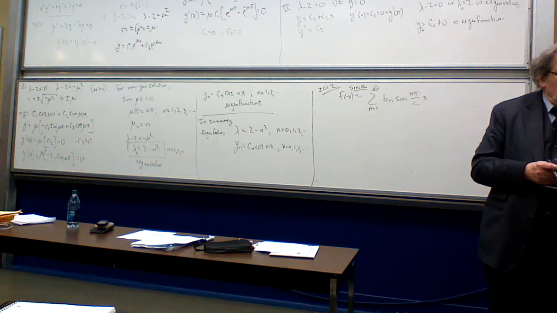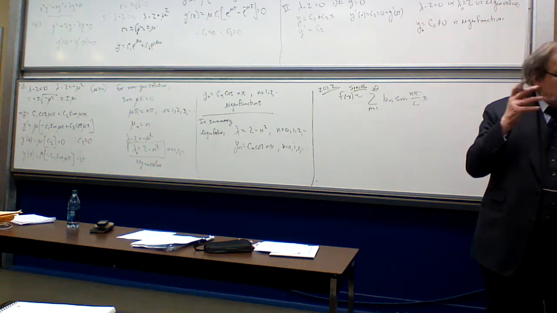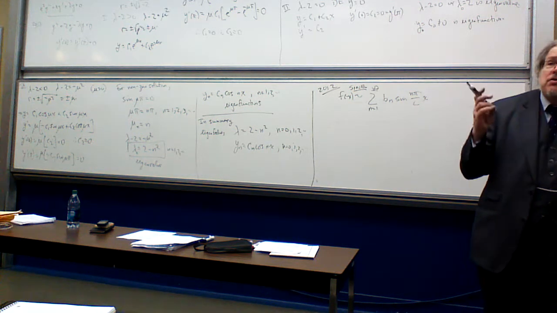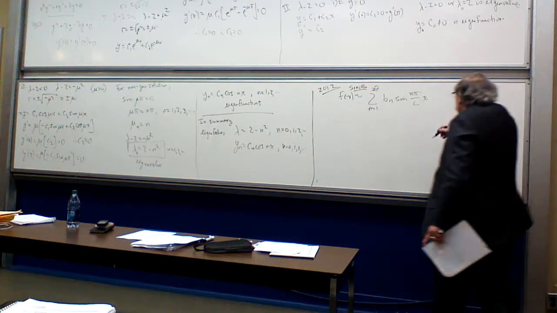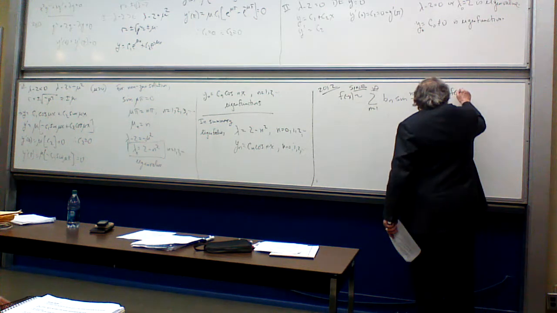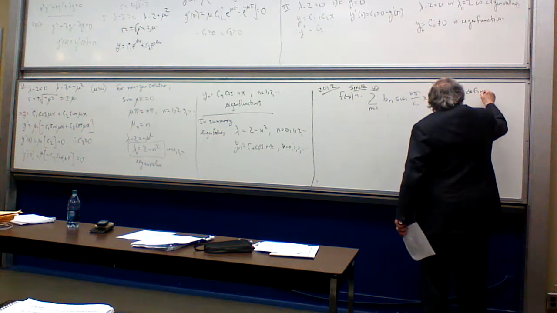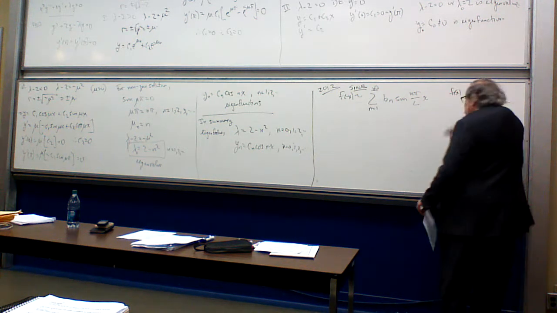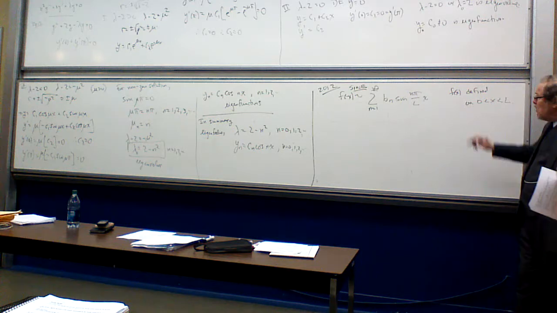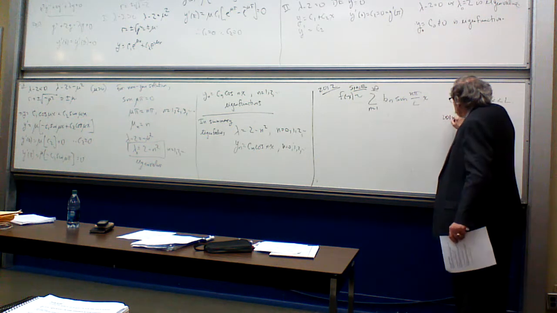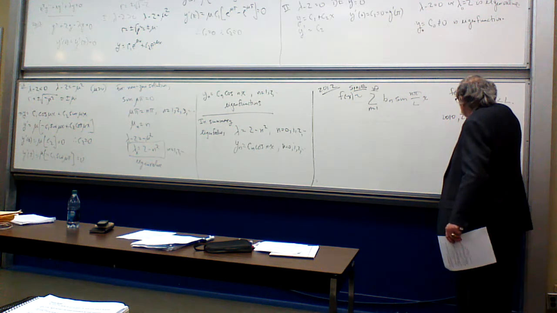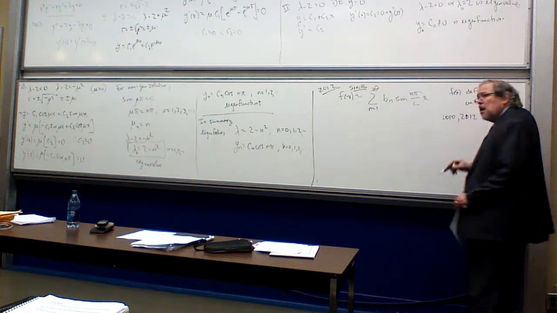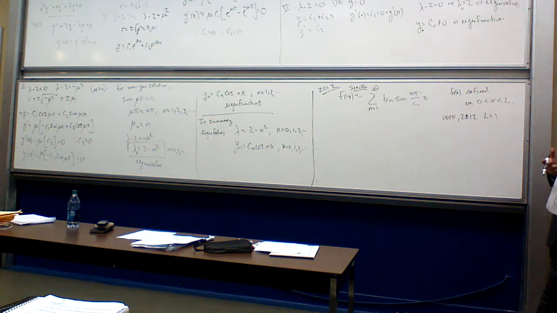If you look at the problems in 2010 and 2011, these come from f of x defined on 0 to L. So for 2010 and 2012, L is 1. That's what's given there.